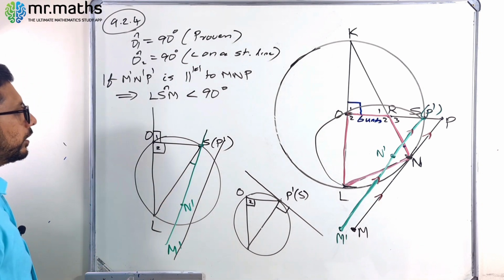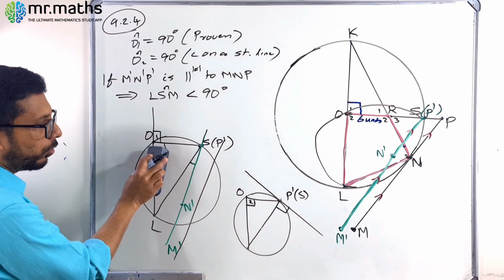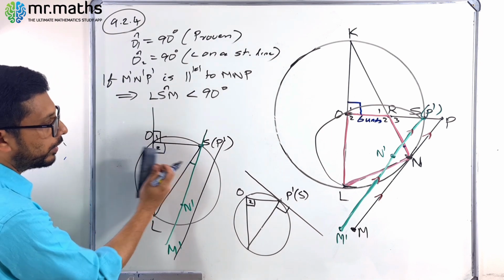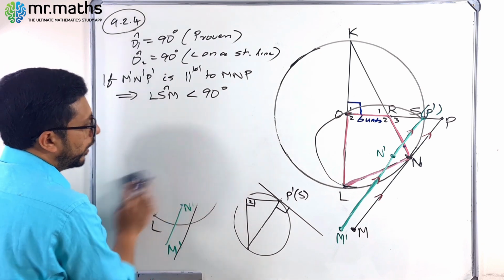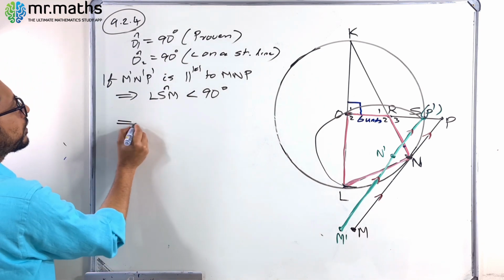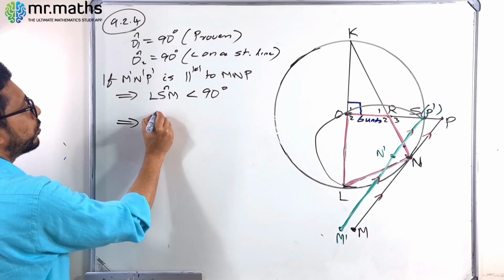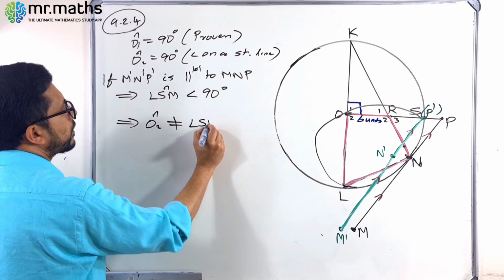Okay, so what is the meaning of that? These two angles are not equal. Which one? Angle O2 and angle LSM are not both 90 degrees. So it implies that angle O2 is not equal to angle LSM.